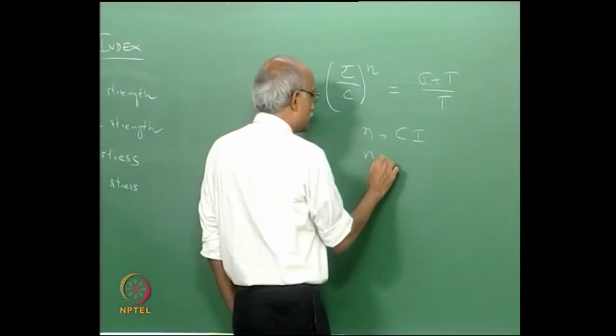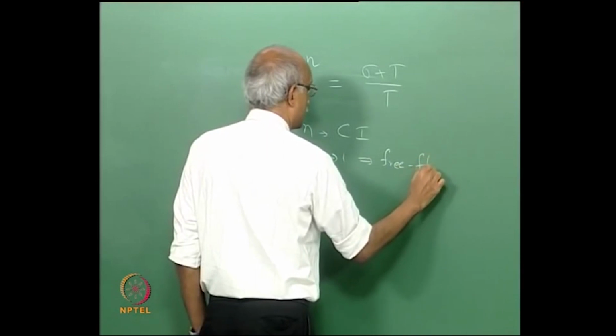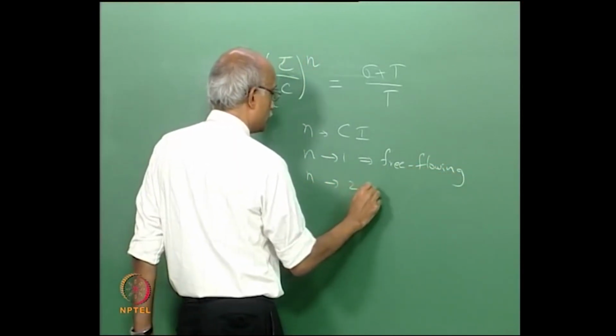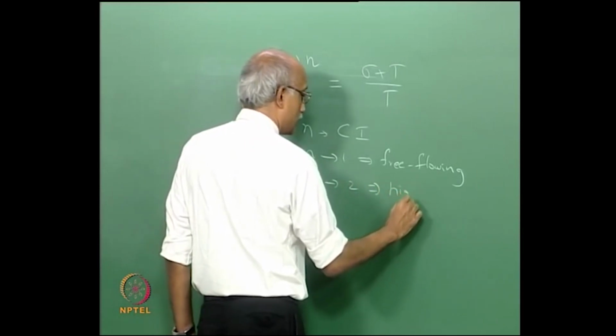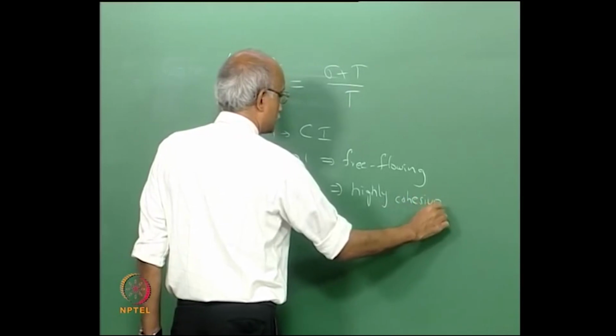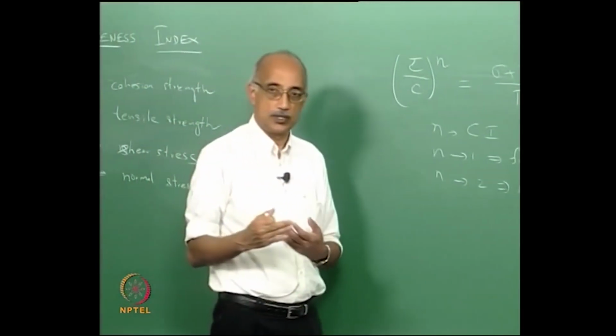When n tends to 1, this is a free flowing material. When n tends to 2, it is a highly cohesive flow, and values of n between 1 and 2 represent various degrees of cohesiveness.